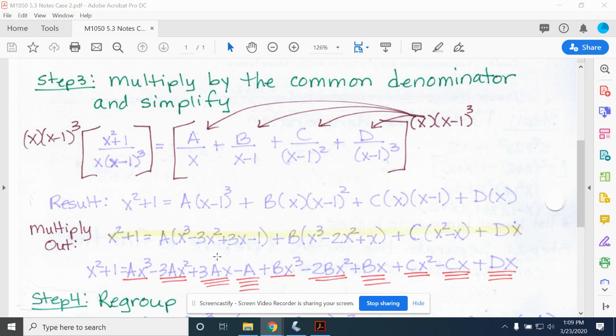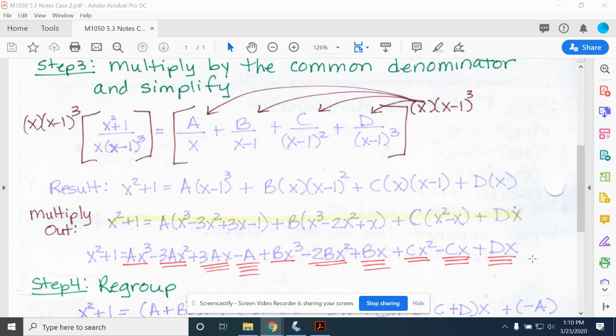I did not show that part of the work. Just remember, this is 3 sets of x minus 1 multiplied out. And then again, with the same thing over with b, I did x minus 1 times itself, and then times it by x. And this is the reduced form all the way through.